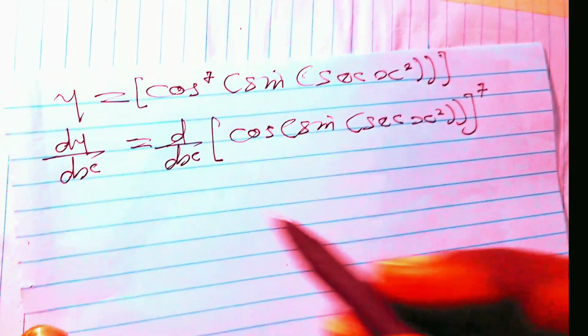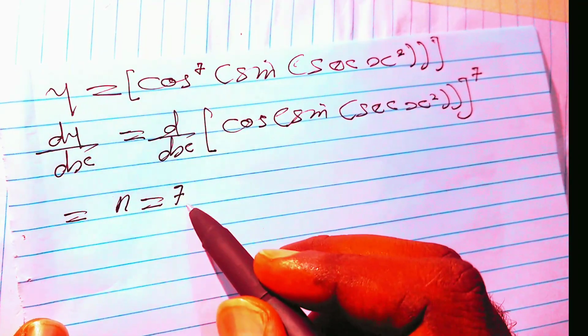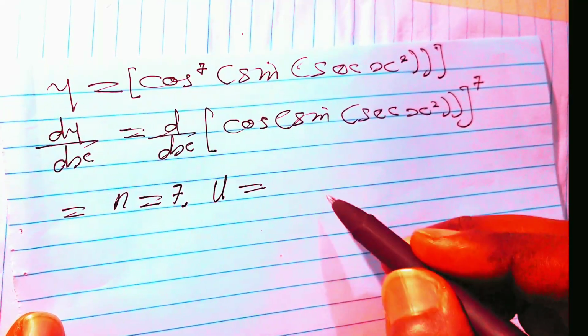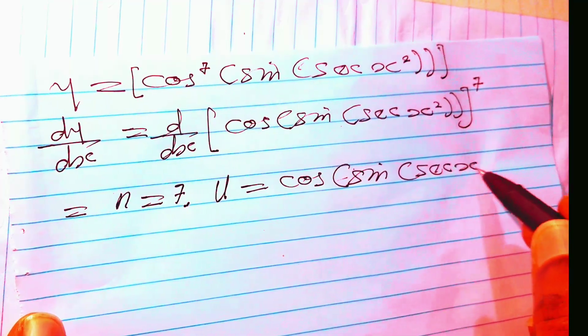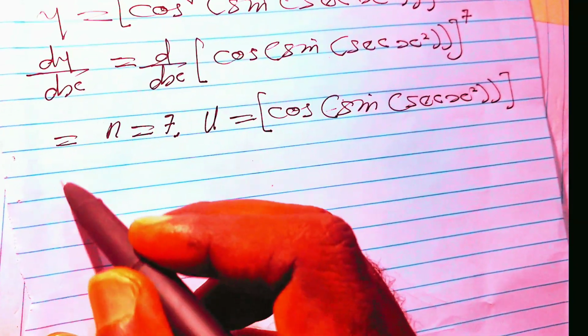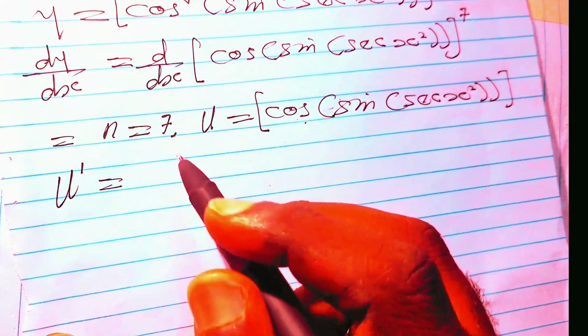Therefore we go ahead to have our n, the power, equal to 7, and our u equal to everything we have here, and that is cos, bracket sine, bracket sec x squared. That is our u. Differentiating u, differentiating cos gives a negative sign.